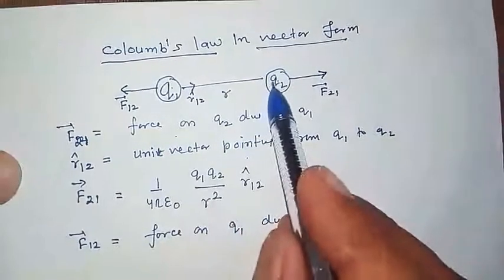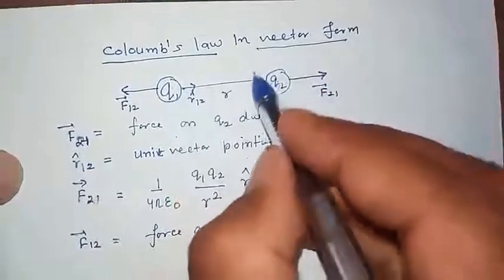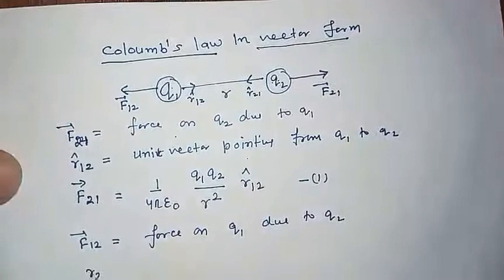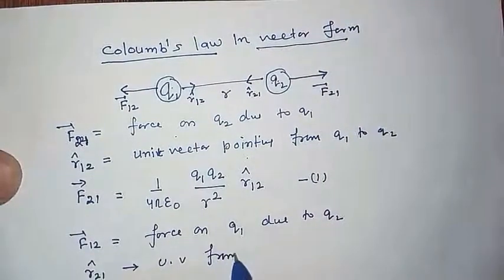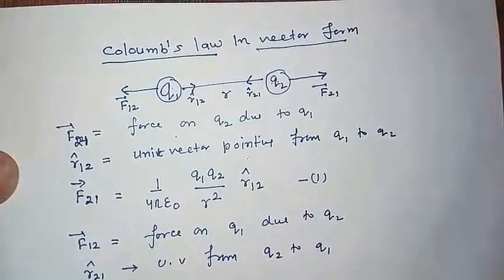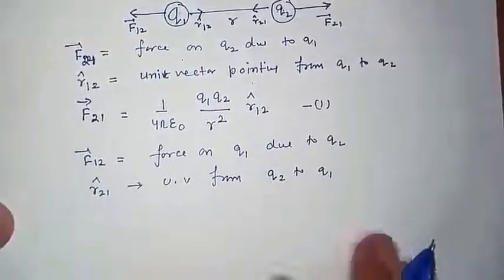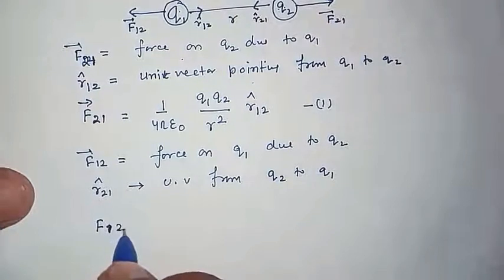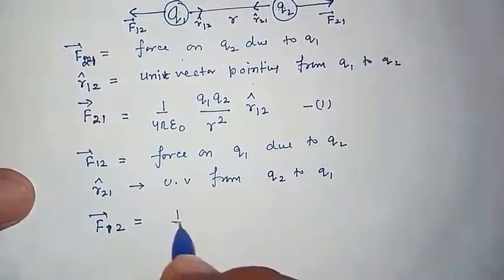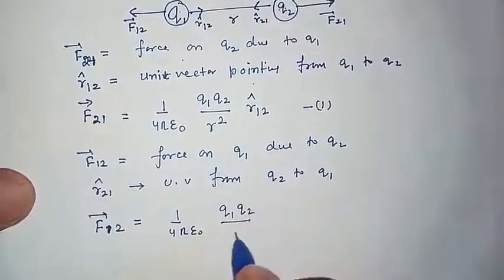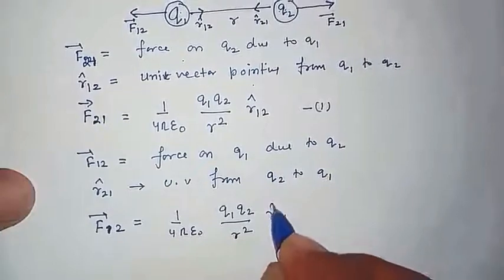Now this force is from side q2 to q1, so the unit vector will be R21, the unit vector from q2 to q1. So now write the force on charge 1 due to 2, that is F12, equal to 1 upon 4 pi epsilon 0, q1 q2 upon r square, R21.